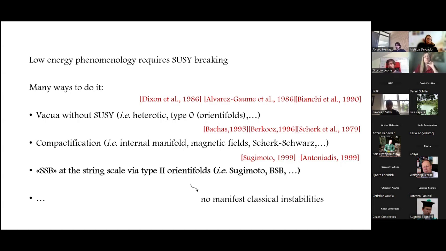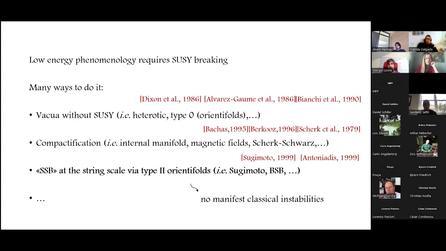One of the most interesting features about these models is that while most non-supersymmetric string vacua admit a region of the moduli space in which tachyons emerge, the Sugimoto and BSB models actually have no such tachyonic instabilities.